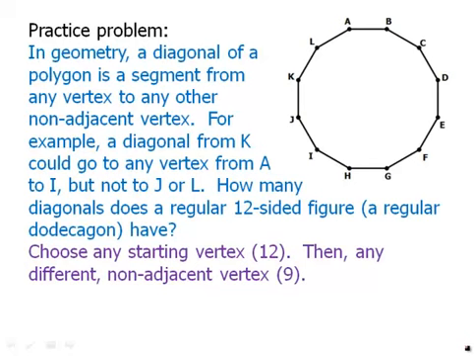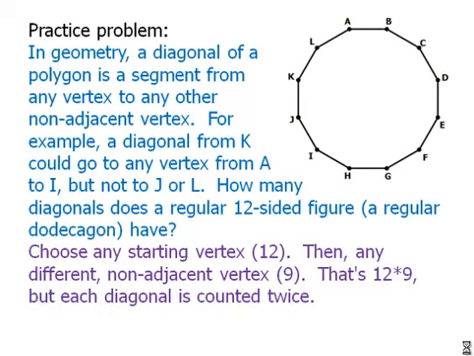So for any one vertex, there are 9 non-adjacent vertices. That's 12 times 9, but each diagonal is counted twice doing that, once from the starting point and once from the ending point. And so we have to divide that by 2. So instead of 12 times 9, it's 6 times 9, which is 54. And that is actually the number of diagonals in a regular dodecagon.